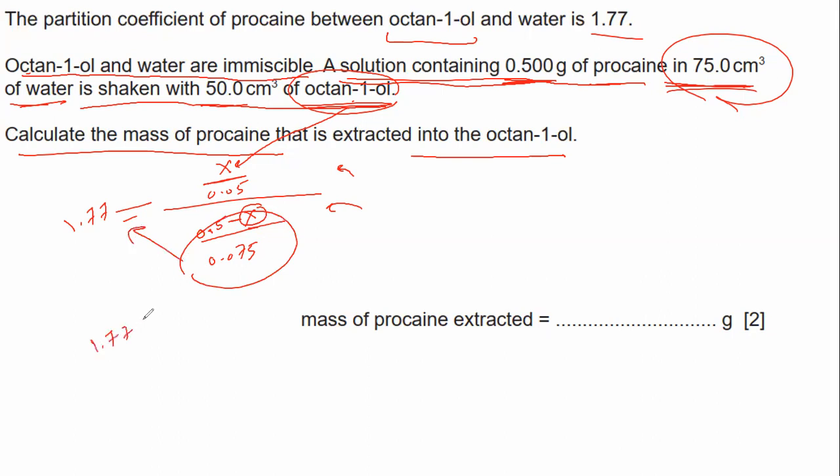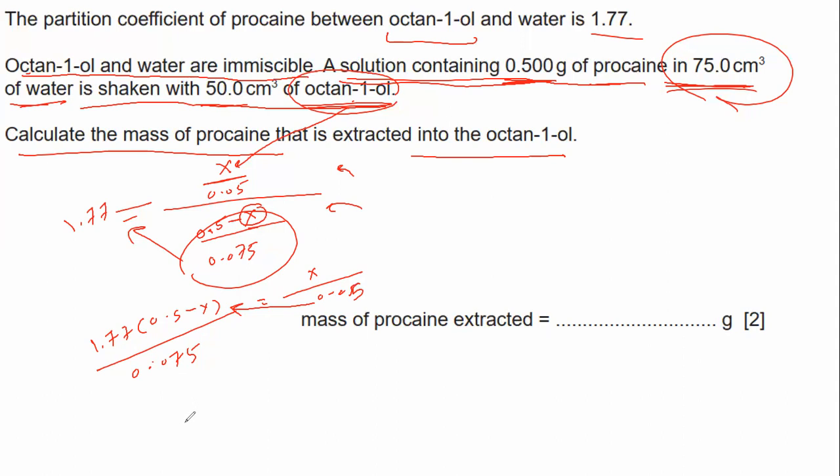So 1.77 times (0.5 minus X) over 0.075 equal to X over 0.05. Then we can also take this 0.05 and multiply it here also.